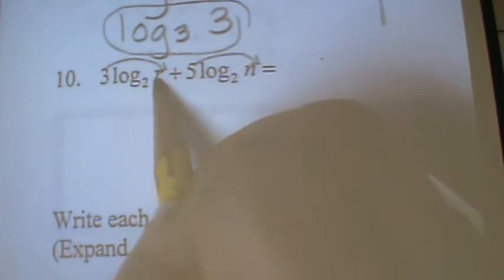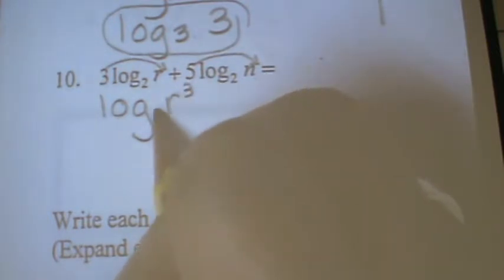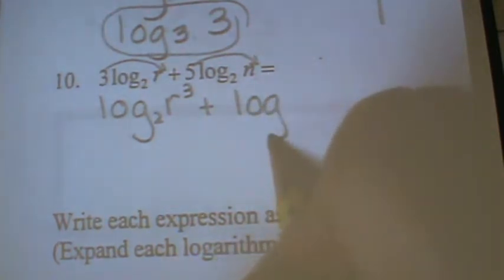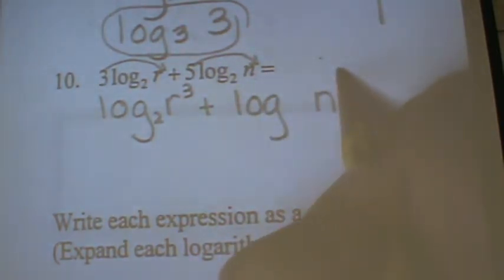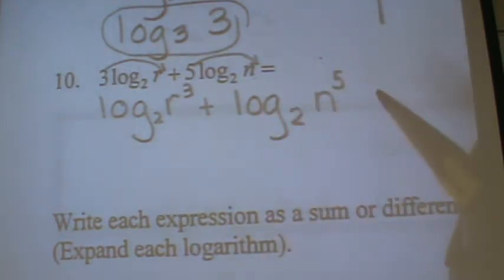The 3 belongs to the R, and the 5 belongs to the N. So step 1, I'm going to write the log of R cubed, base 2, plus the log of N to the 5th, base 2.